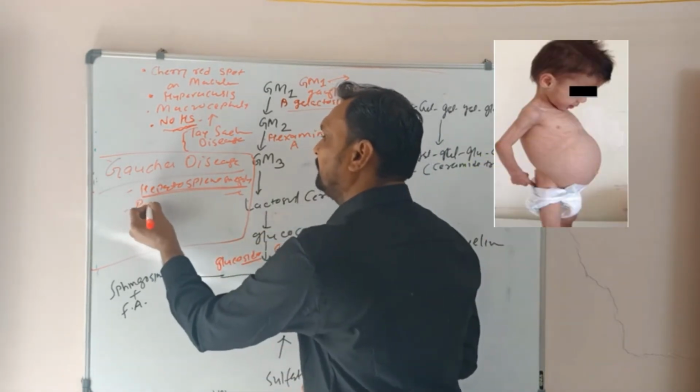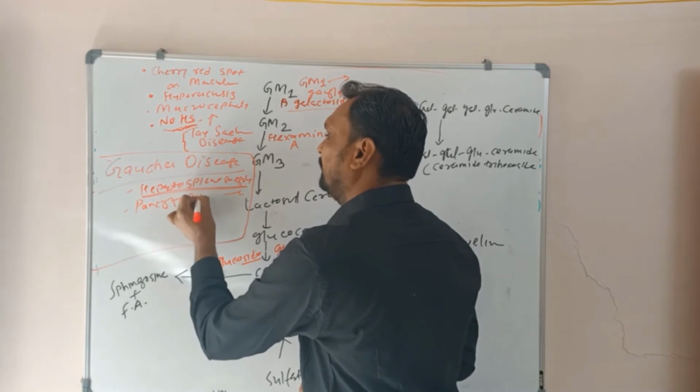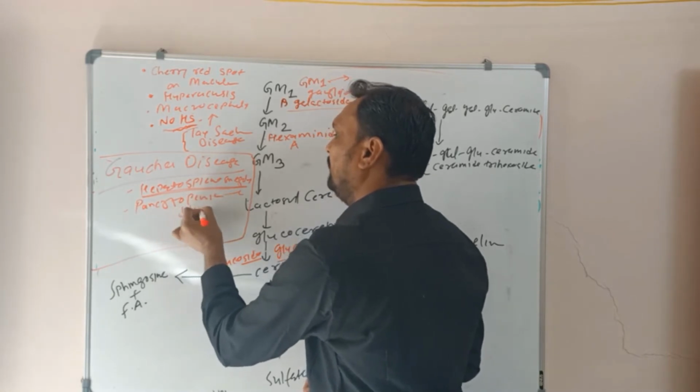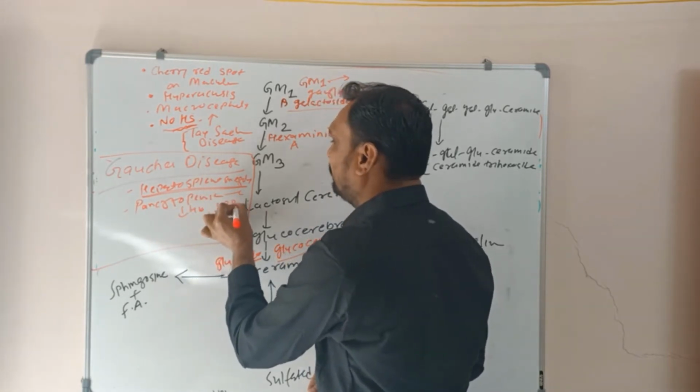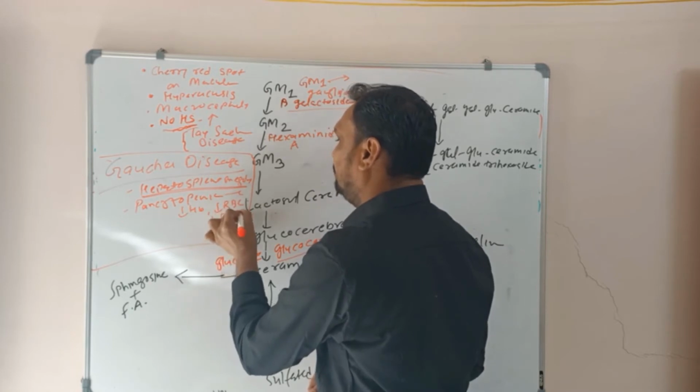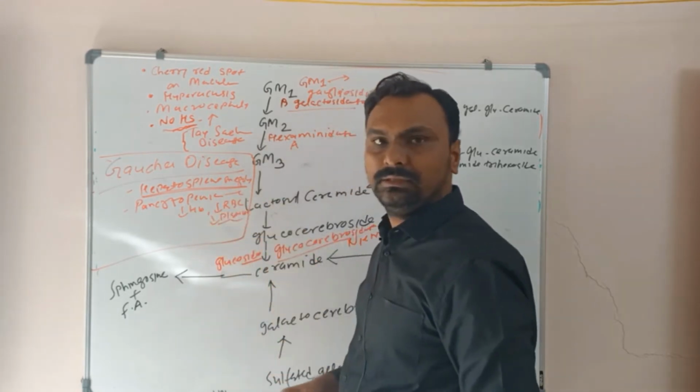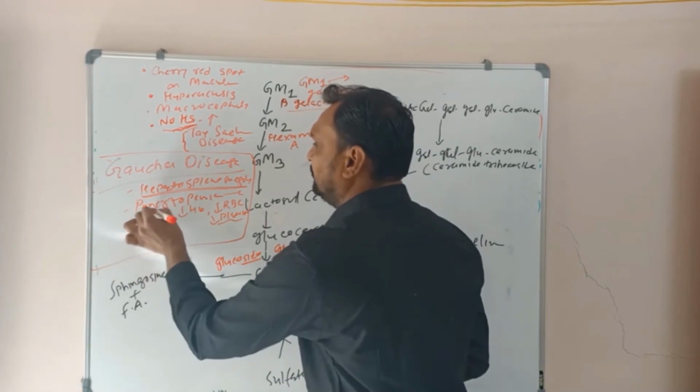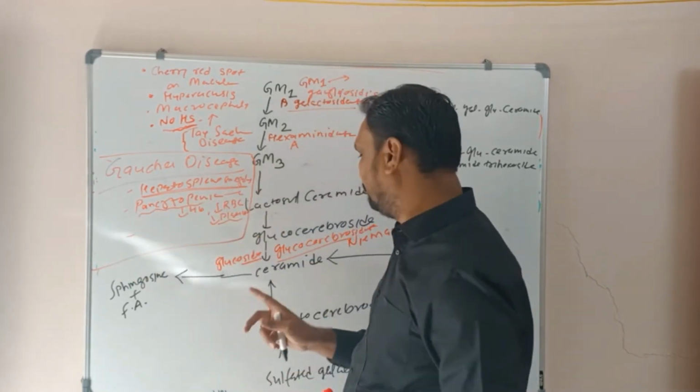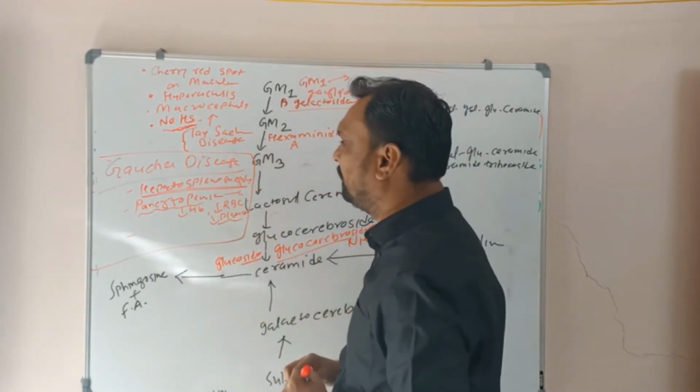Then there will be pancytopenia: decreased hemoglobin, decreased RBC production, decreased platelets. That will lead to a bleeding tendency. Why this pancytopenia? Because of infiltration of glucocerebroside into the bone marrow.